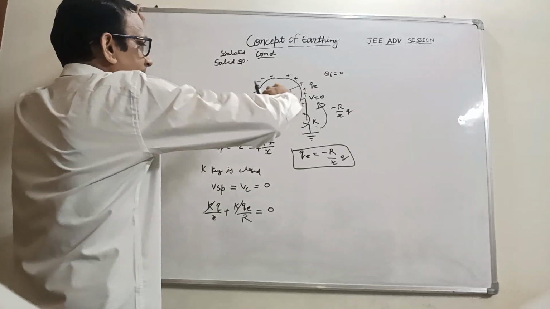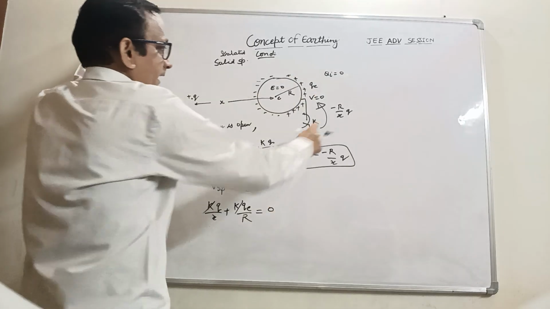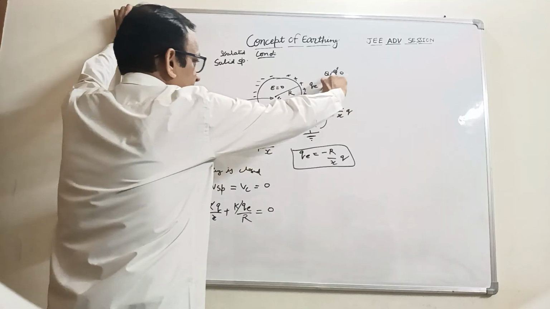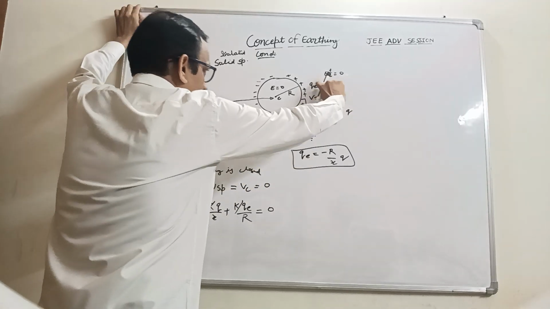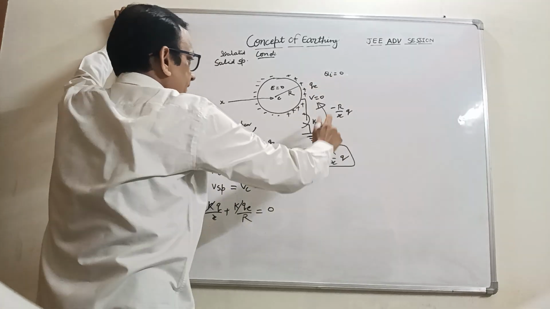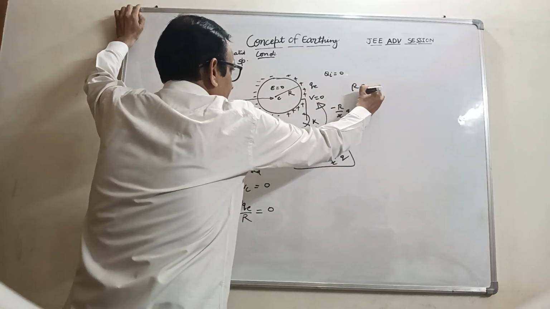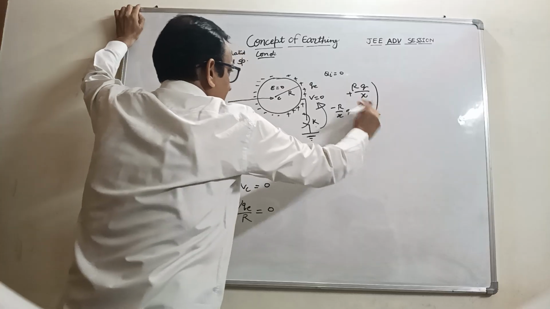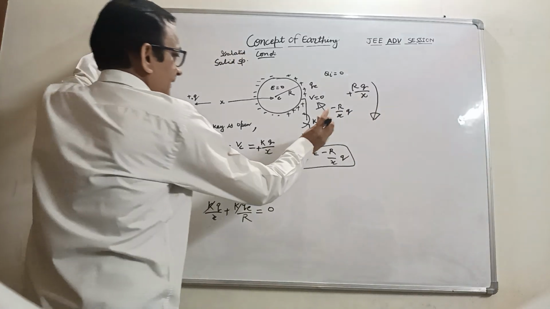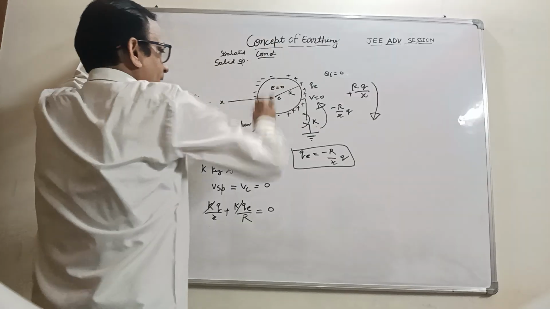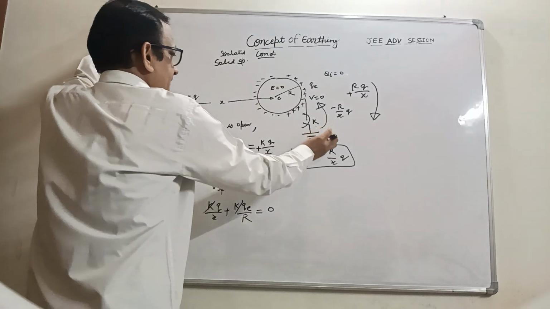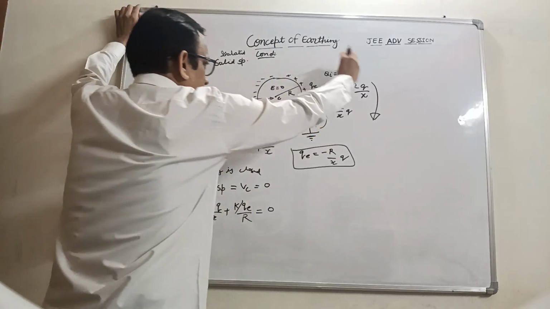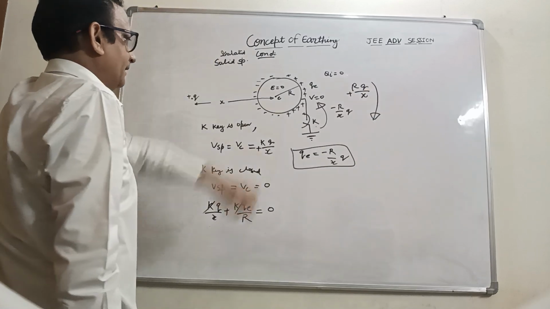Otherwise we can also say positive (r/x)q charge is transferred from the sphere to earth. Either say minus (r/x)q charge is transferred from the earth, or (r/x)q charge is transferred to the earth.